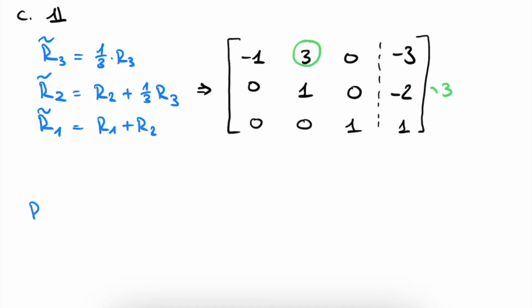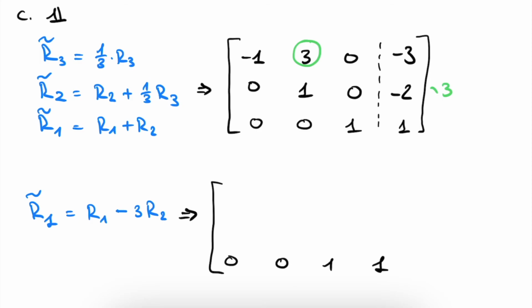So our row operation becomes the new first row is equal to the old first row minus 3 times the old second row. And this simply becomes the following matrix. So the third row we can simply copy because we don't do any operations on them. Same with the second row, which we also copy.